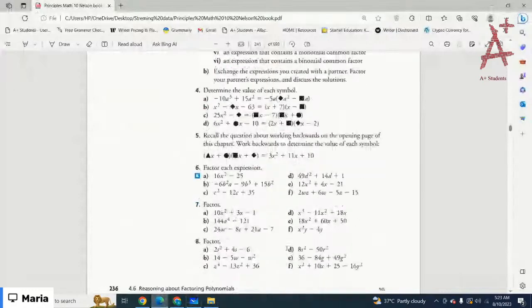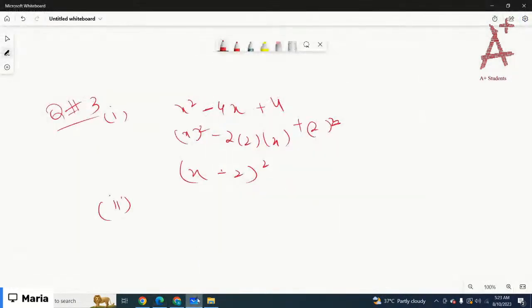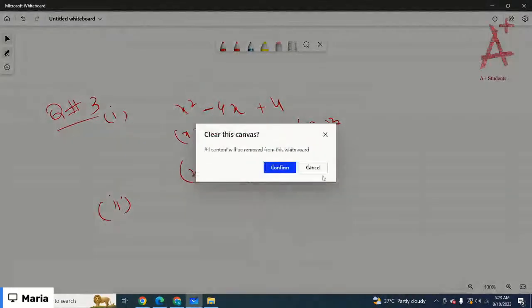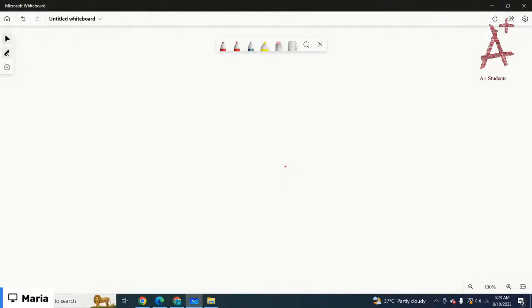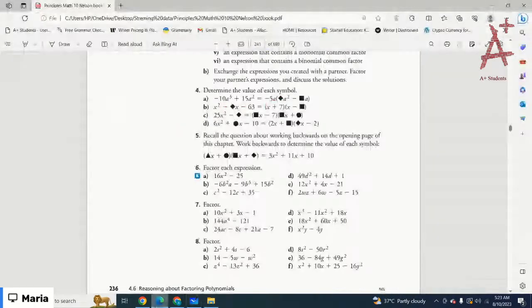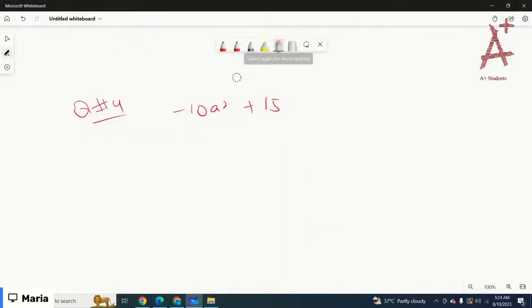Let's start with question number 4. Determine the value of each symbol. You have a missing value here. Negative 10a squared plus a cube plus 15a squared.